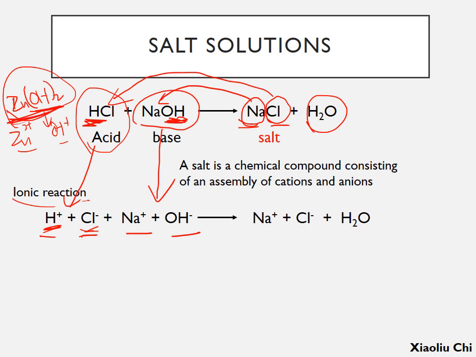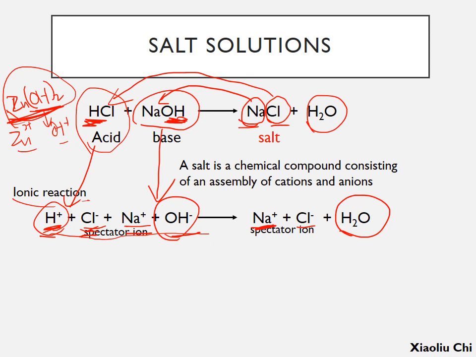So when you combine all these ions together, only these two react. Hydroxide and hydrogen form water. Sodium is still there in the reactants and in the products; they are the same. Chloride ion remains the same, and these are called spectator ions. They don't change between reactants and products.